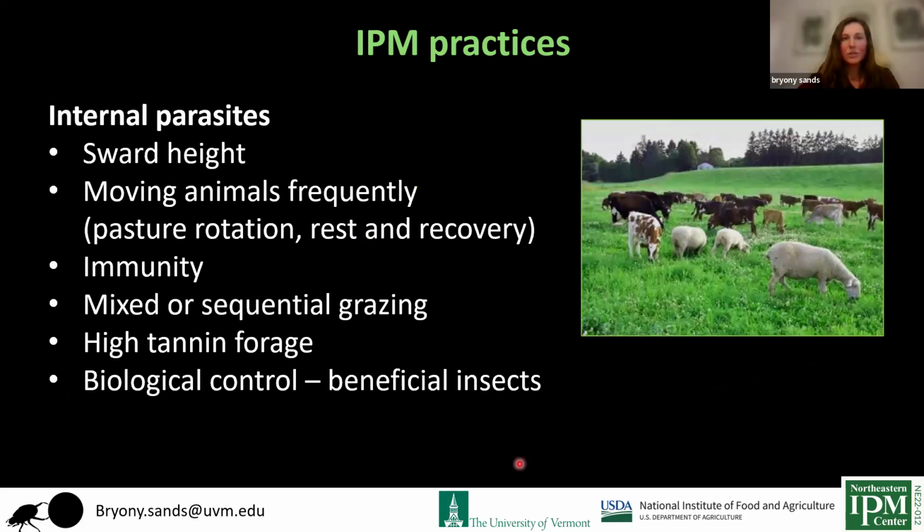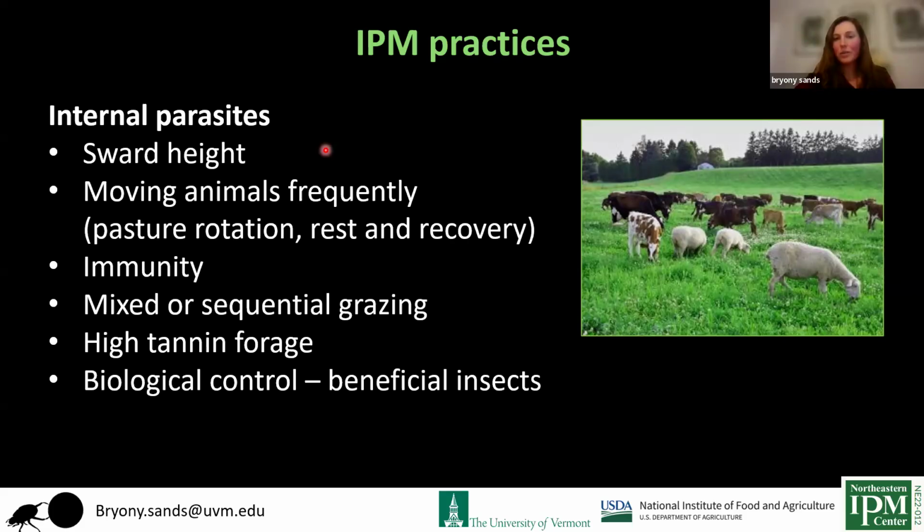So, internal parasite IPM practices. As I mentioned, good grazing management is foundational to this. A key idea here is maintaining a high enough sward height. As I explained, most of these internal parasites need a moist environment. They need a film of moisture to move around in. Otherwise, they dry out and die.